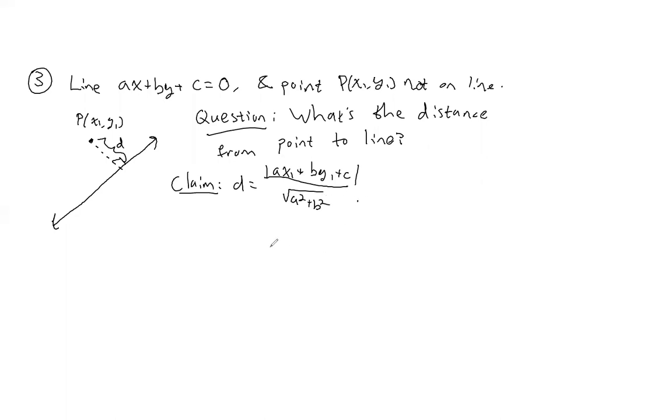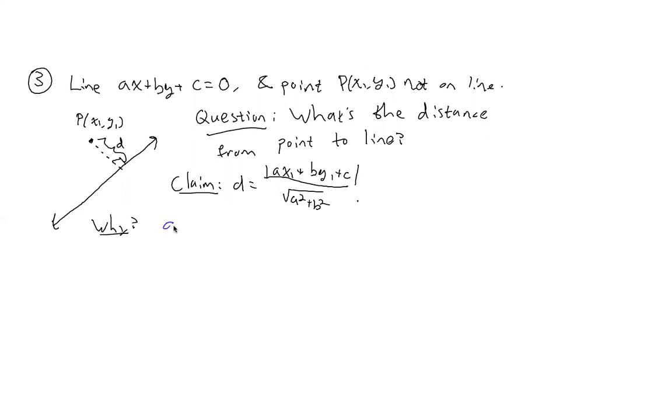Why is that true? Why is that the formula for that particular distance? Well, let's look at that for a second. Where does that come from? Let's start unpacking this.